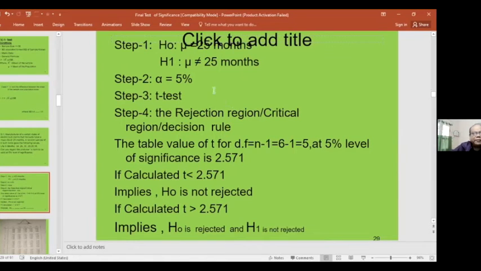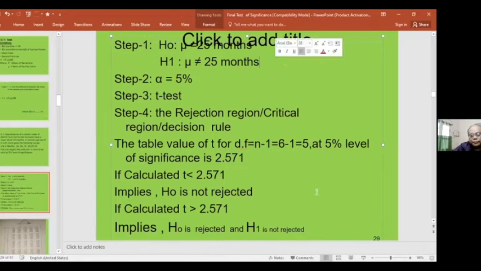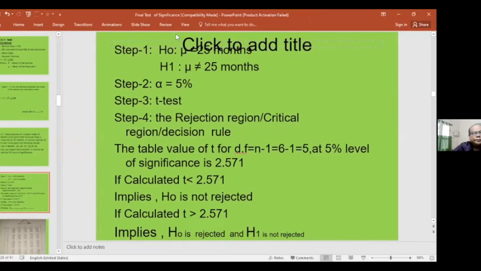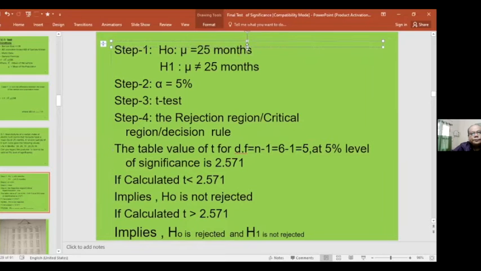Or you can say the null hypothesis is not different from 25. Equal to means not different. Not different means almost equal to 25.